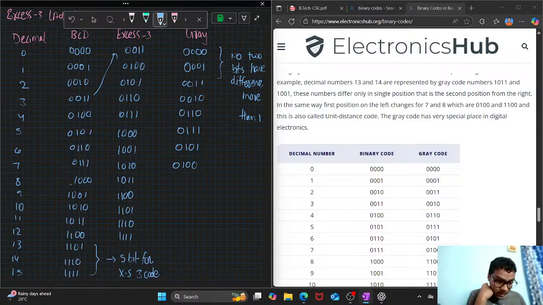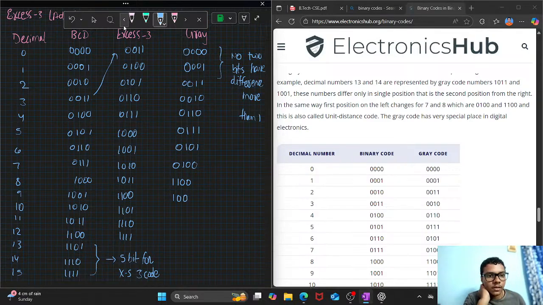As simple as that. For 8, you write 1, and again 1, 0, 0. For 9, you write 1, then 1 plus 0, 0 plus 0.